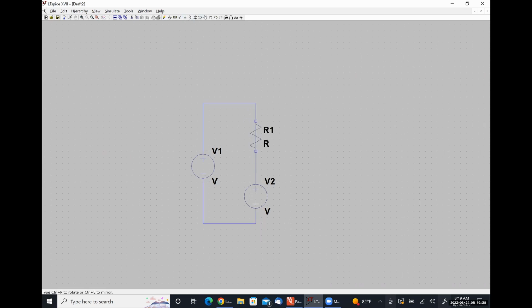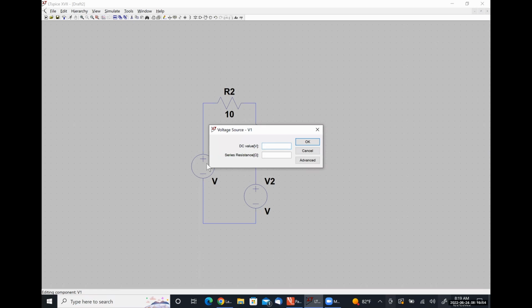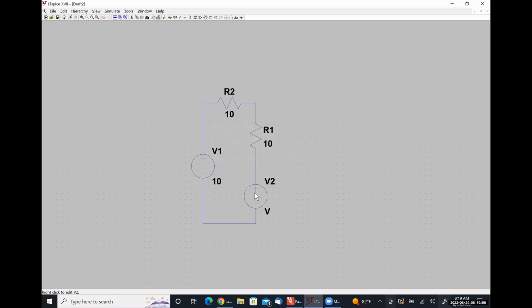So this is going to be my 10 ohm resistor. I'm going to have another 10 ohm resistor across the top. While I'm at it, let's go ahead and put this 10 volt source here, 20 volt source here.